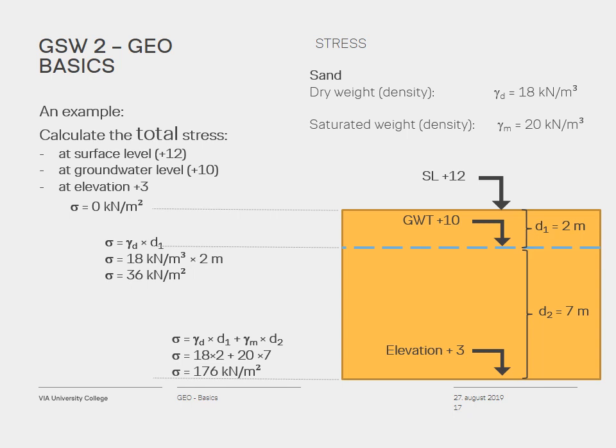So now we have 18 multiplied by 2 plus 20 multiplied by 7, giving us a total stress at elevation plus 3 of 176 kilonewton per square meter. If we were to draw the stress as a figure, it would look somewhat like this.